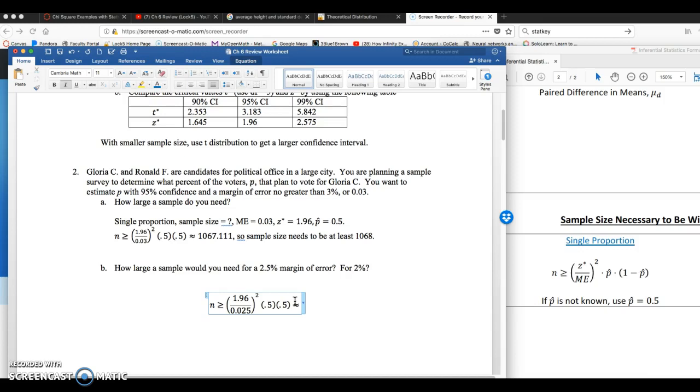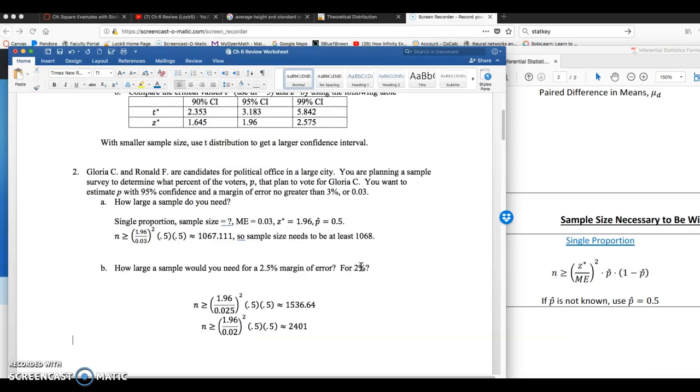And that's going to give me about 1536.64. And if I do the exact same thing, except make that a 0.02 on the bottom for the 2%, throw that in your calculator. That gives us exactly 2401.